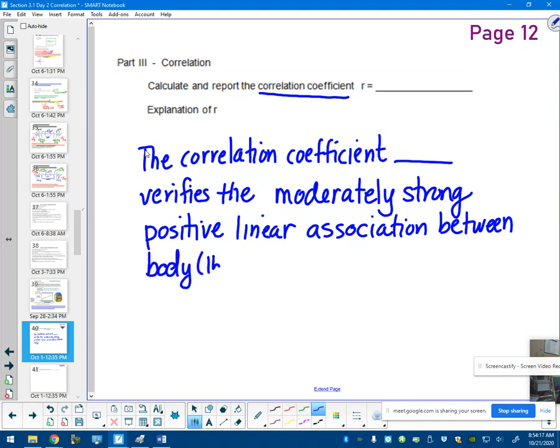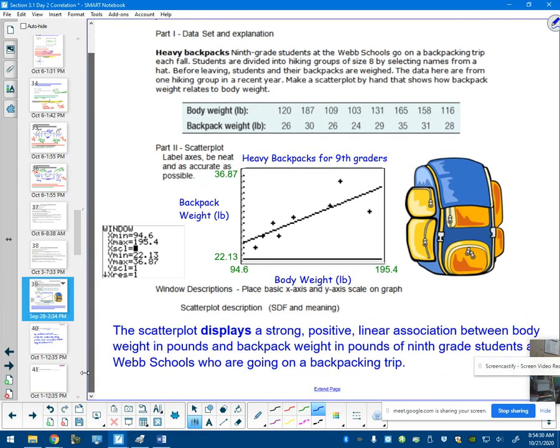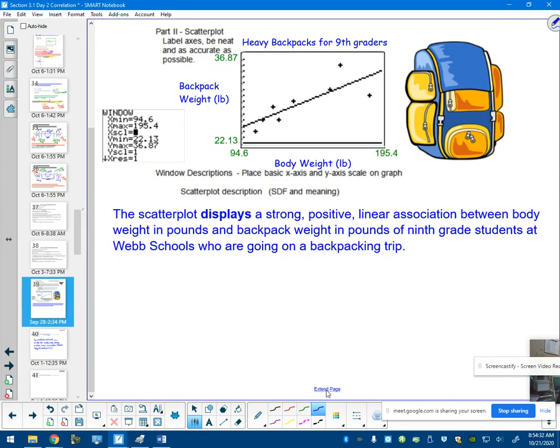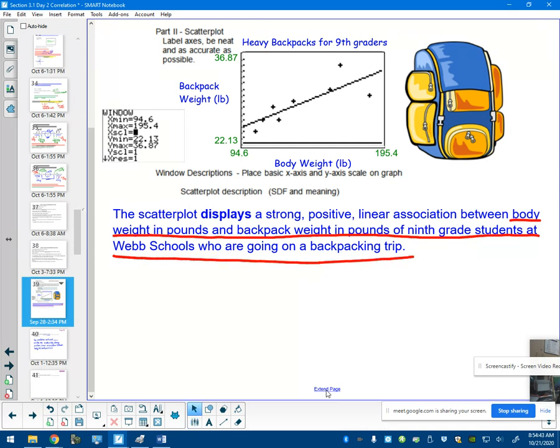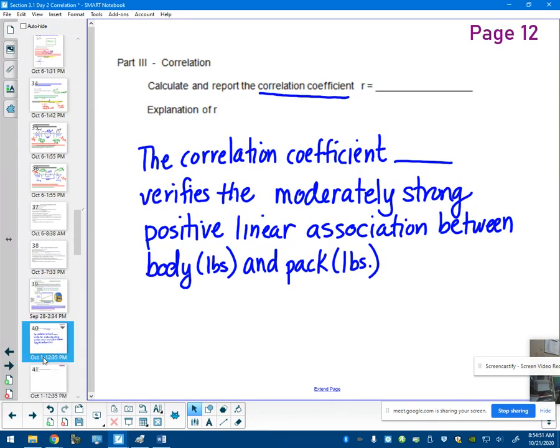Body, and I'm just going to put LBS, body pounds, and back pounds. So yesterday, I'm coming back to this, I promise. Yesterday for context we put between body weight in pounds and backpack weight in pounds of 9th grade students at Webb School who are going on a backpacking trip. We put something like that in for context yesterday. Since we did such a fantastic job at that, now I can do context down to just those words.